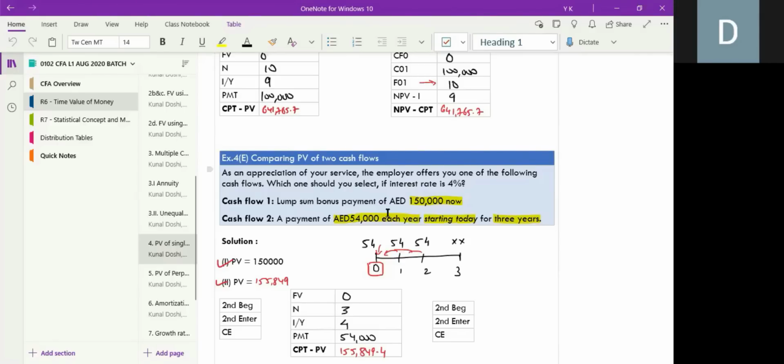I'll explain both the ways. So first do this: three as N and 4 as I. Everything same, just the calculator is not at the beginning mode, it's at the end mode. Now what is the answer that you get?